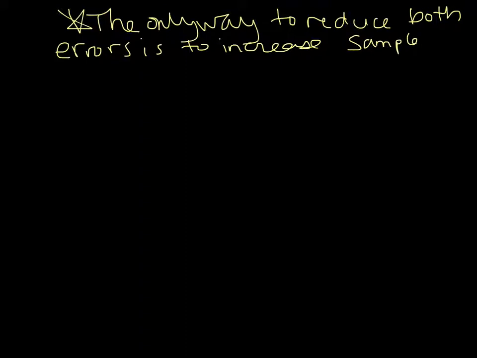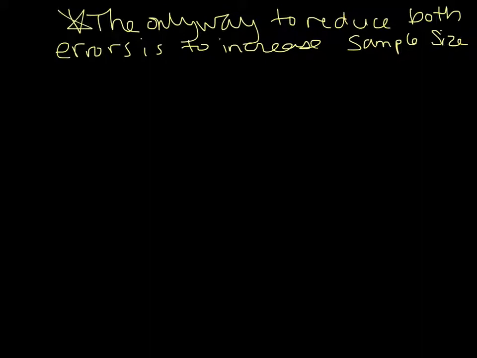Unfortunately, it's not always realistic to do that because oftentimes if you're doing an experiment or working on an experimental drug, it's hard to find enough volunteers that are willing to participate. So this is not always the easiest thing to do. So the other thing that's important to know is that unless you increase the sample size, if you want to reduce one type of error, it's going to increase the other type.